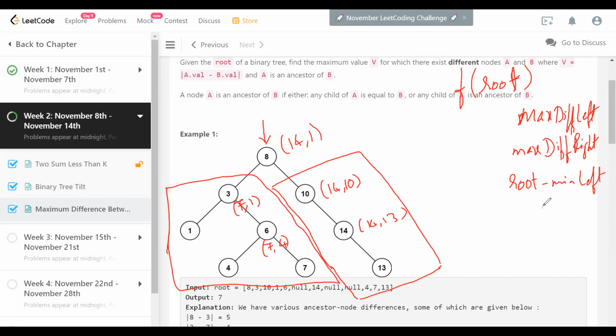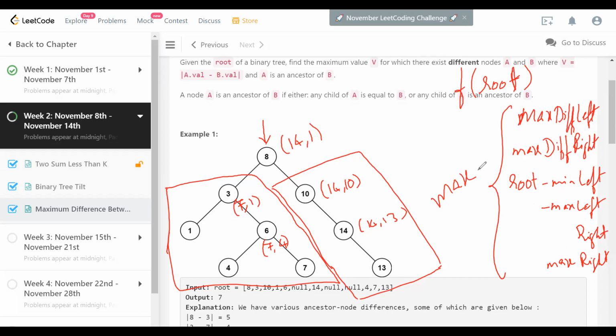And similarly, the value of the current root minus max of the left. Similarly, the difference with the min of right subtree and max of right subtree, right? So these are the 6 different values. We need to take max of all of them, right? It is going to be the maximum of all of these things. So if we do that, we are going to get it.